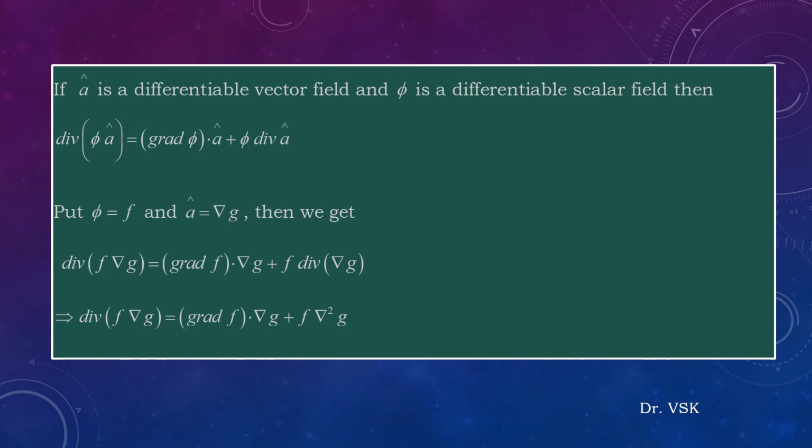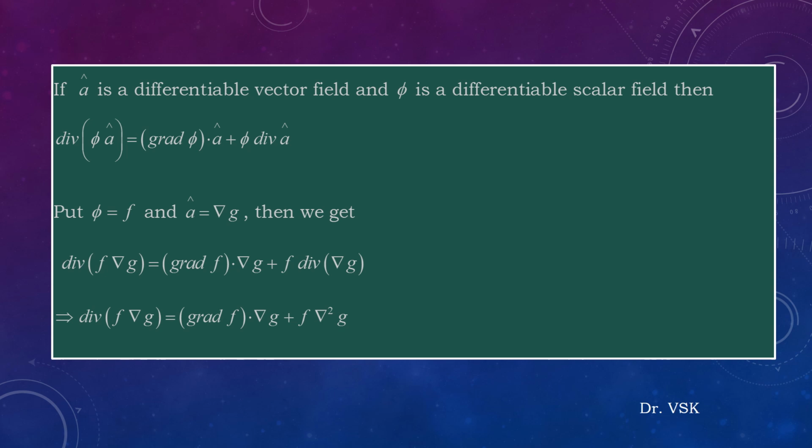Theorem number 1 states that if we have a differentiable scalar field phi and a differentiable vector field a cap, then the identity in theorem 1 says that div of phi a cap equals phi div a cap plus grad phi dot a cap.